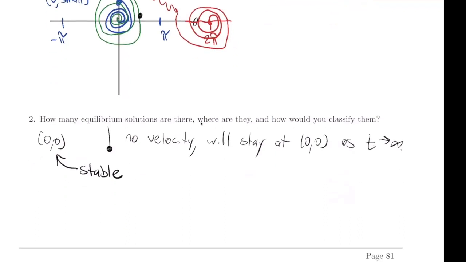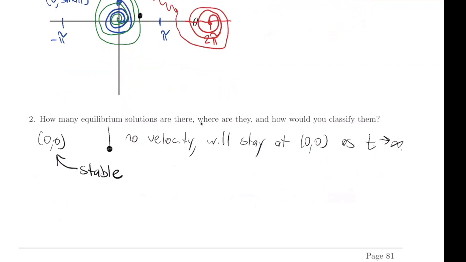Can anybody think of an example of equilibrium that would be unstable? In the sense that if you were to set it up perfectly initially with this condition, it would stay there.